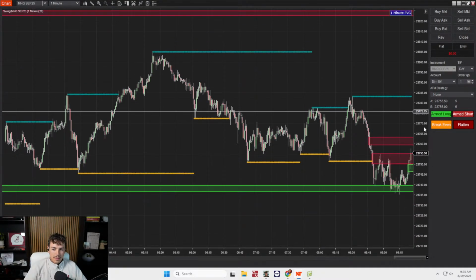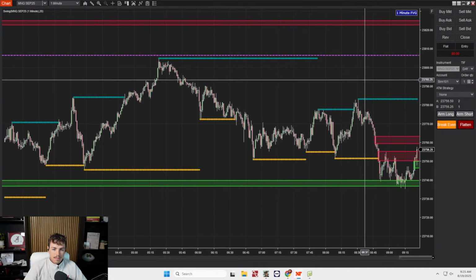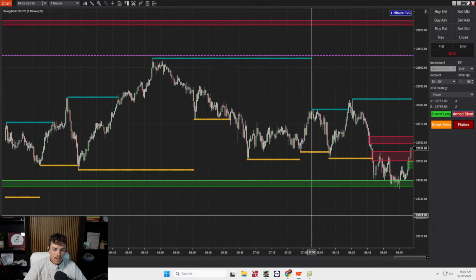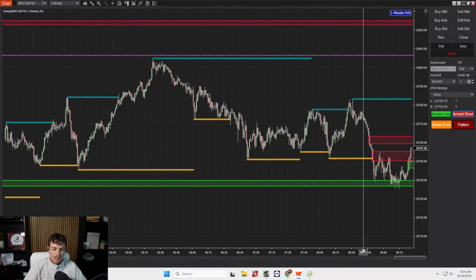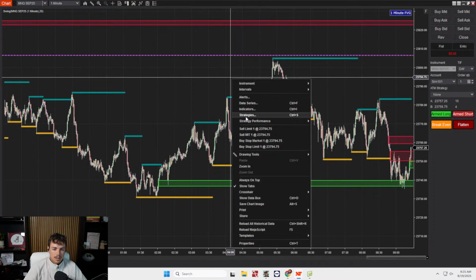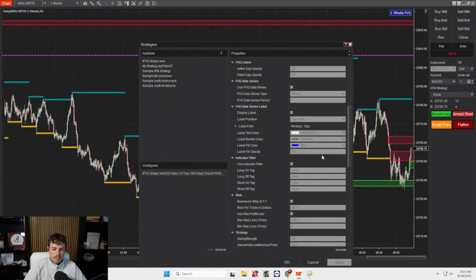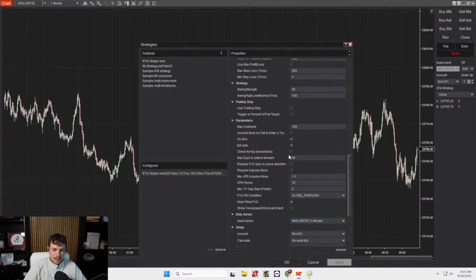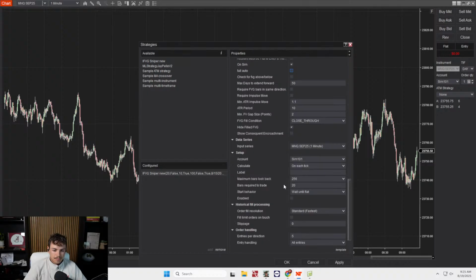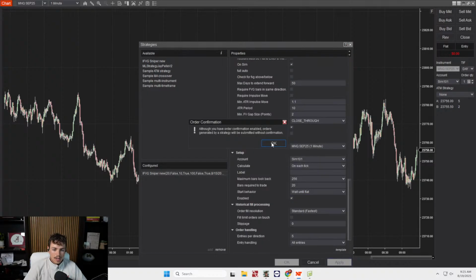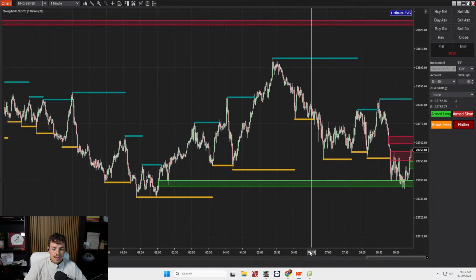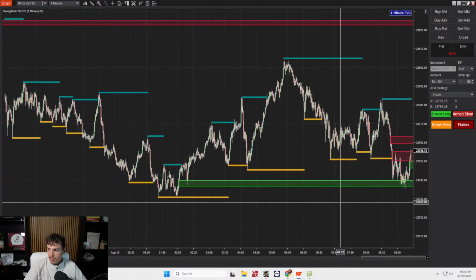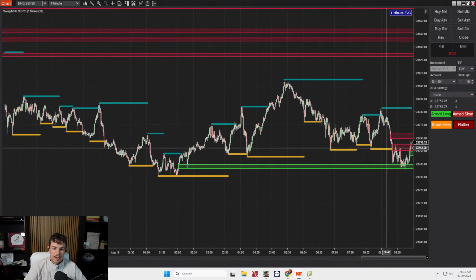So yeah, this is what full auto mode looks like. Right here. It's just normal. And then if you check it off of full auto mode, you can actually mark out the liquidity points that you want to take trades off of.